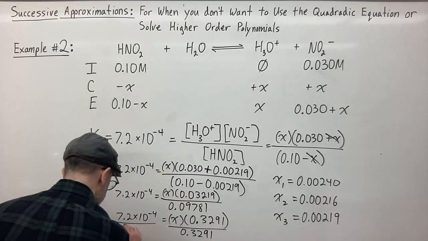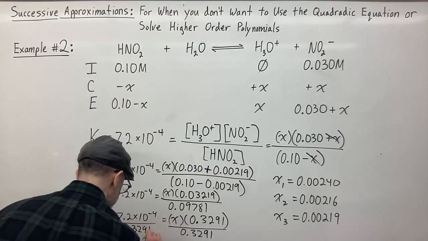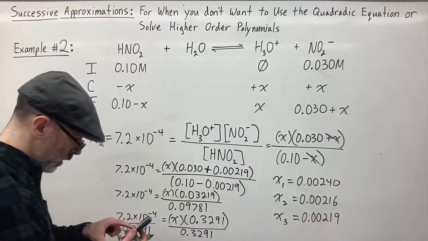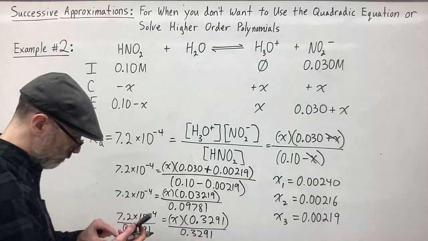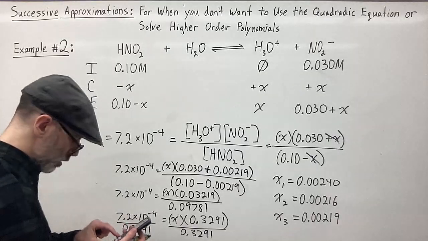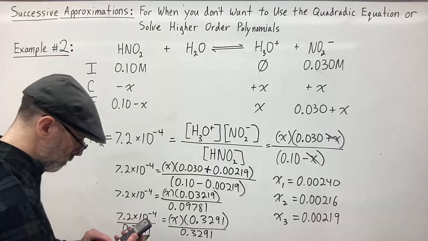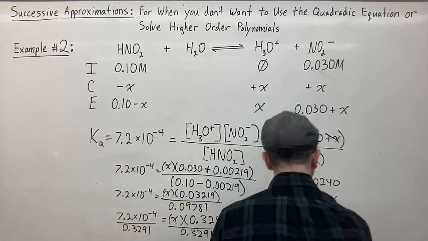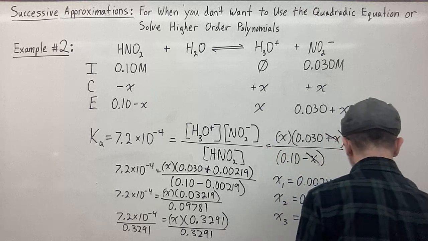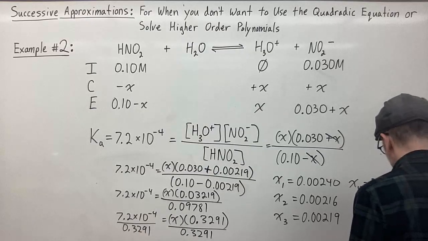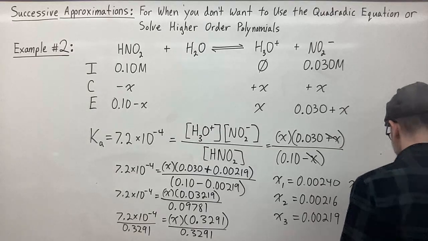Divide this side by 0.3291. And so when we do that calculation, 7.2 times 10 to the negative 4 divided by 0.3291 equals, and we get x to the 4th equals 0.00218.